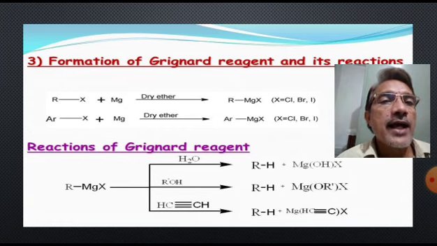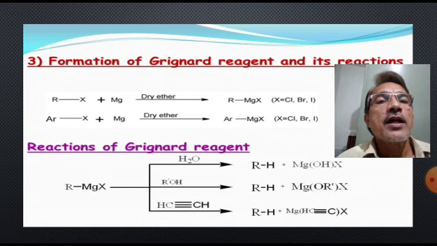When an alkyl halide is treated with magnesium in the presence of dry ether, it gives alkyl magnesium halide. By this process, we can prepare different Grignard reagents: methyl magnesium halide, ethyl magnesium chloride, methyl magnesium bromide, etc. From aryl halides also we can prepare Grignard reagents.